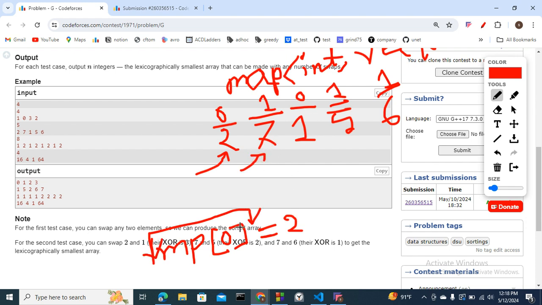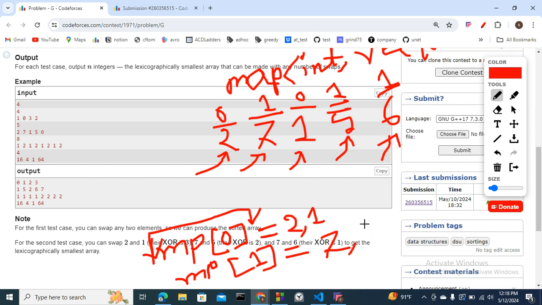When we come to group 1, we get the key 1, and in this vector we store 7. Again, 1 is stored in key 0, then 5 and 6 are stored in key 1.